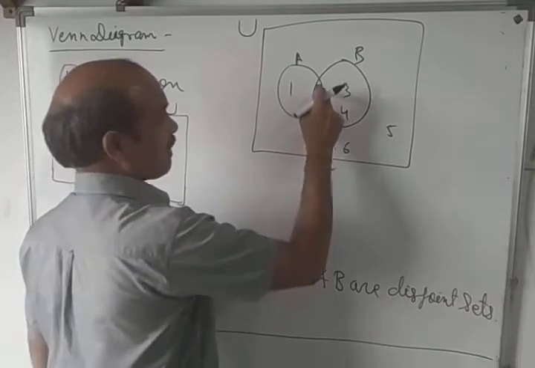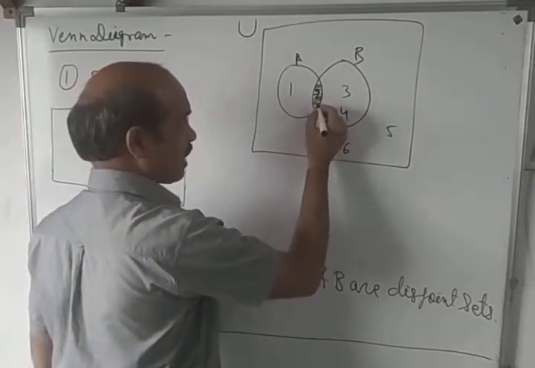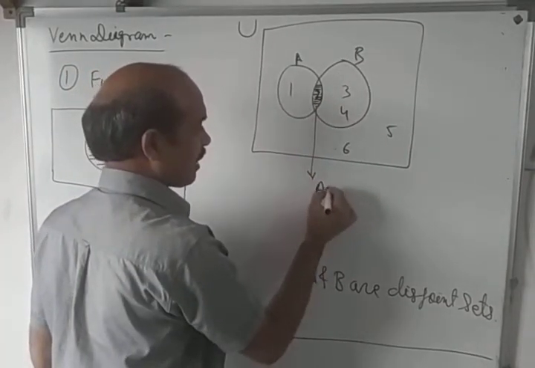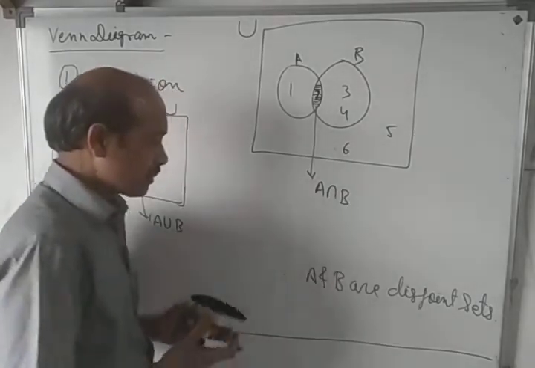For intersection, only this much area, this will be called A intersection B.